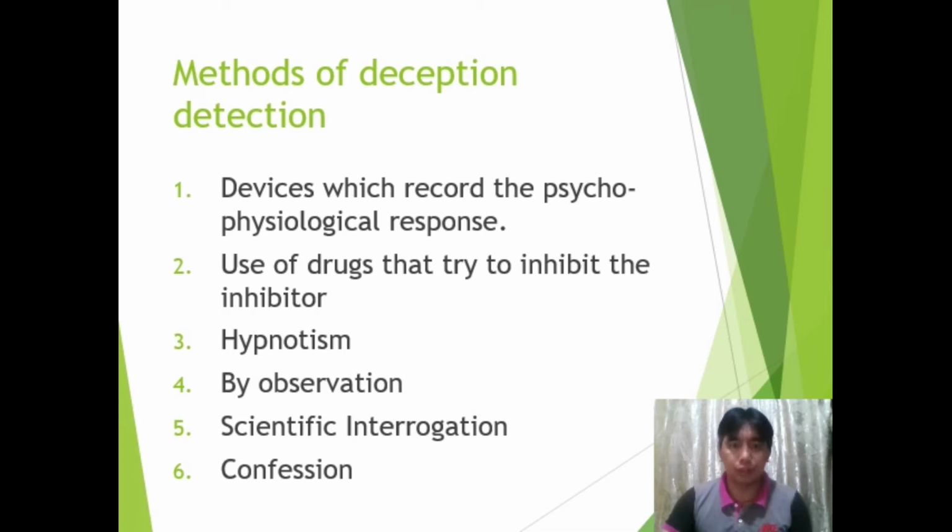So the first one is devices which record the psychophysiological response. So it says here, devices, meaning the instruments which are being used to record psychophysiological responses. As you can see here, the word psycho means the mind, and the physiological means the physical activity of our body.